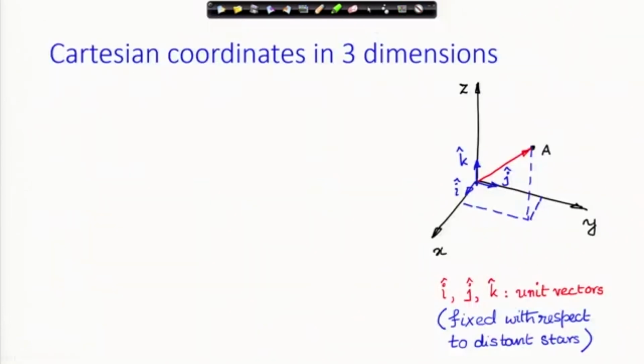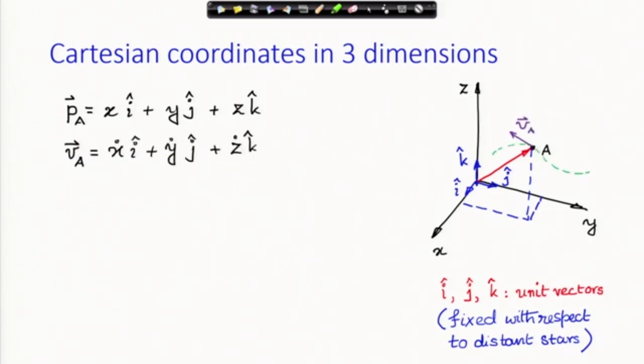Next, we move to coordinate systems in 3 dimensions. This is the Cartesian coordinate system, which is straightforward. Again, this I cap, j cap, k cap are unit vectors which are fixed with respect to distant stars. So, the position vector is x I cap plus y j cap plus z k cap. I differentiate this to get my velocity, x dot, y dot, z dot.